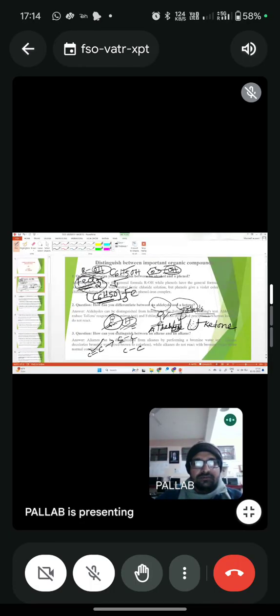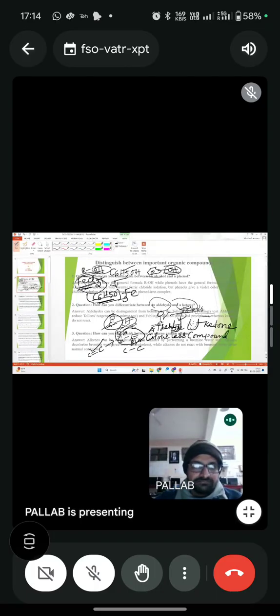That means the bromine atoms will combine with the double bond and form this kind of compound. Though bromine water is red-brown, this compound is colorless.